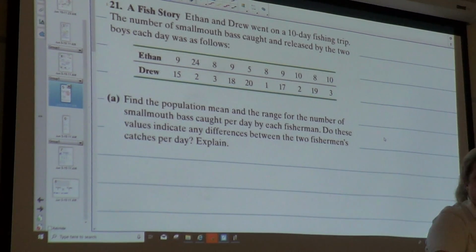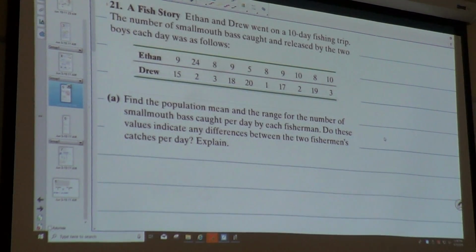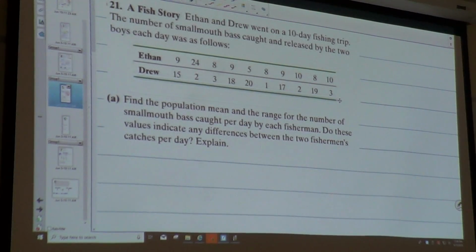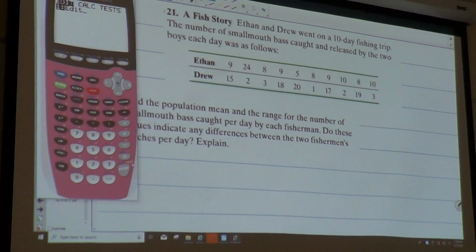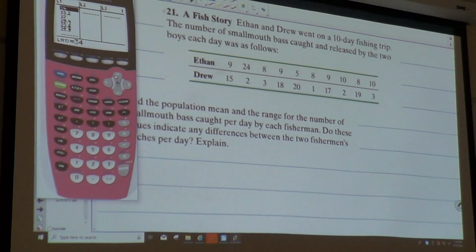We call Ethan L1 and we call Drew L2. That way we have them both in there so that we don't have to keep pushing them in and out. So when I go to Stat Edit, I'm going to type Ethan in for L1, and I'm going to pay attention a little more as to how I type.